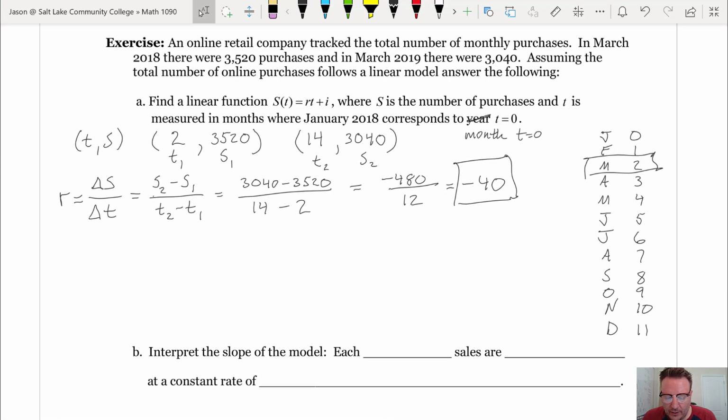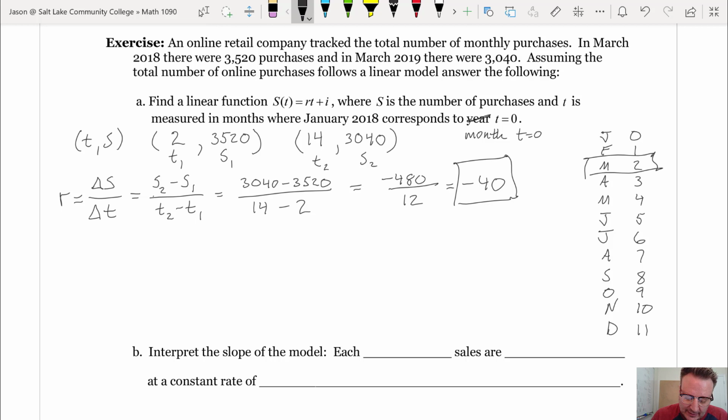Okay, so we know the rate or slope of the line. Now we need to use the point slope formula to get the equation of the line or the function.